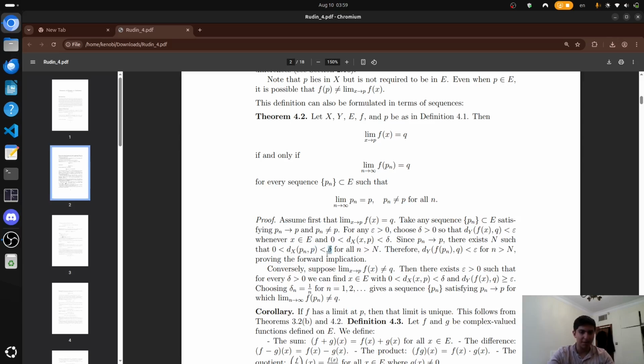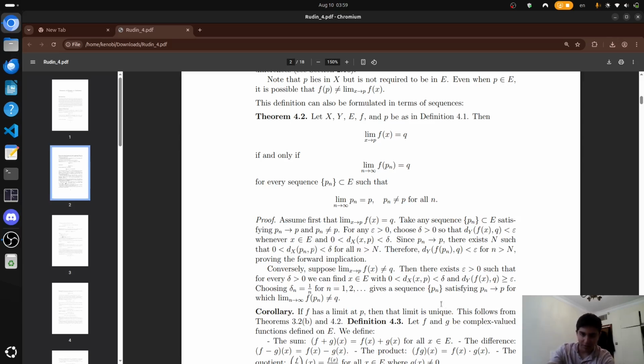But if it's less than epsilon, we can take it to be less than delta too, right? Because epsilon can be smaller than delta. Therefore, dy f of p of n q is less than epsilon for n greater than n, proving the forward implication.